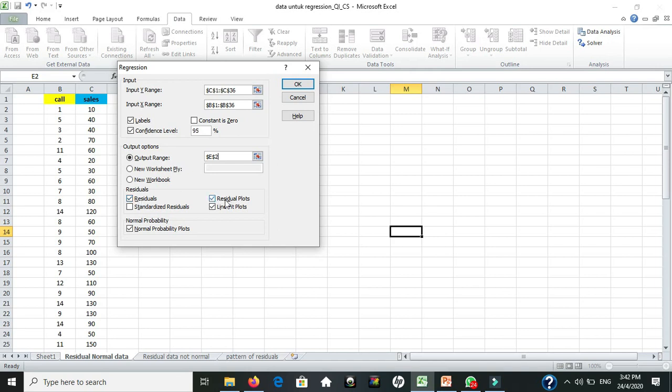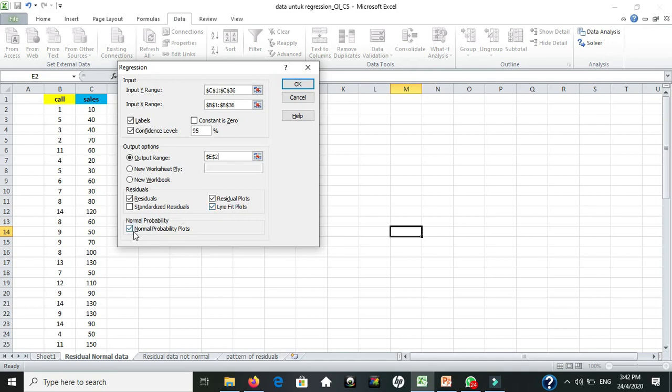Next, the residual plot. Basically, this plot will show the pattern of residual. Then we can make a decision whether the assumption is violated or not. The line fit plot is basically how the x, y data are plotted, and also the regression line.